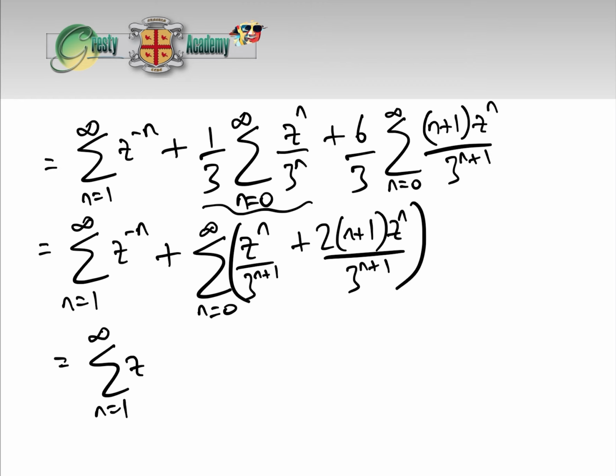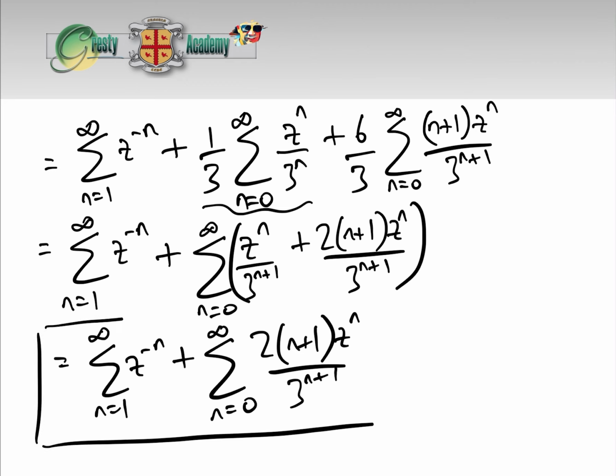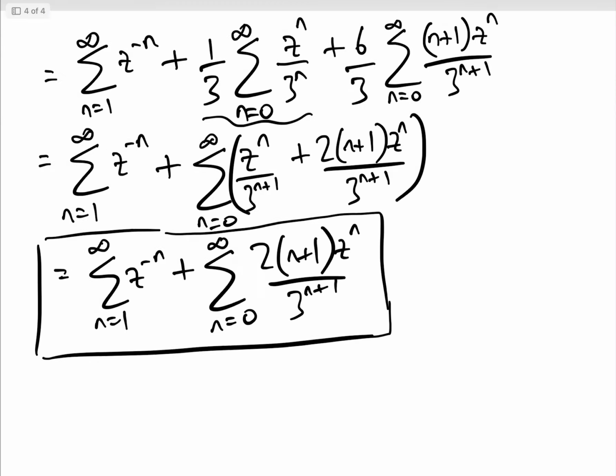So basically now I'm just merging those two sums: z to the minus n, add the sum from n equals 0 to infinity of 2n plus 1 z to the n over 3 to the n plus 1. And that is our Laurent series expansion of the function.